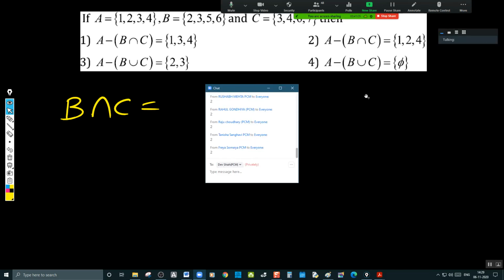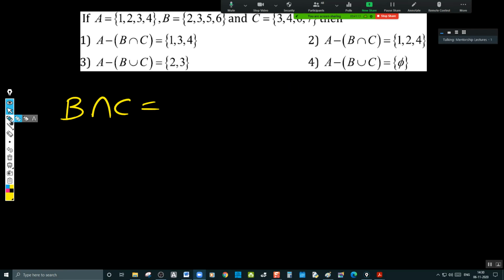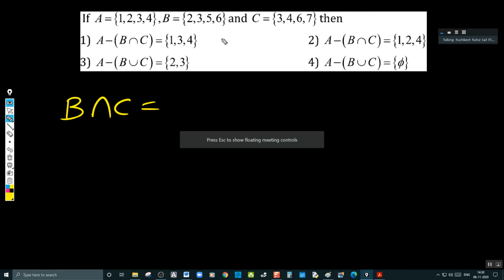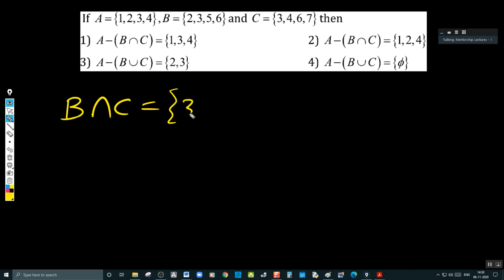So, option 2, you're saying. B intersection C is equal to, you can see, 3, 6. What is the common value of B intersection C? 3 is there, 6 is there.